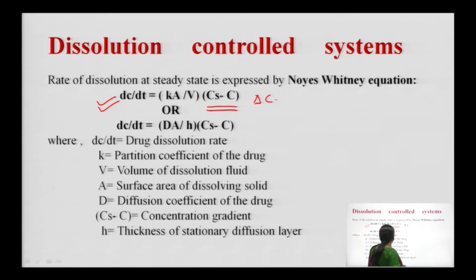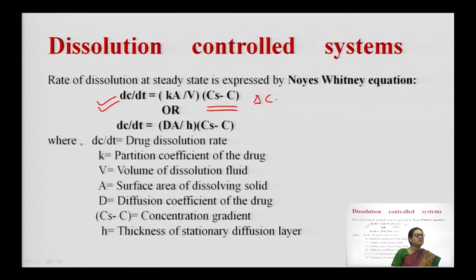Another way of representing the same equation is dC/dt = (D·A/h)(Cs − C), where D again represents the diffusion coefficient of the drug, A is the surface area, and h represents the thickness of the stationary diffusion layer. So, the rate of dissolution is inversely proportional to the thickness of the stationary diffusion layer.